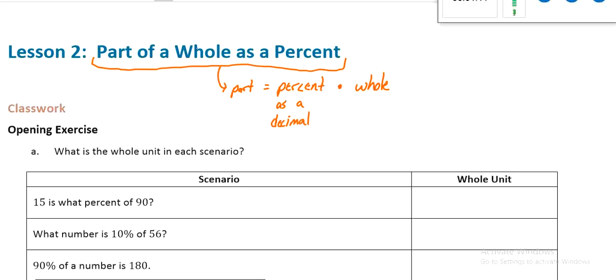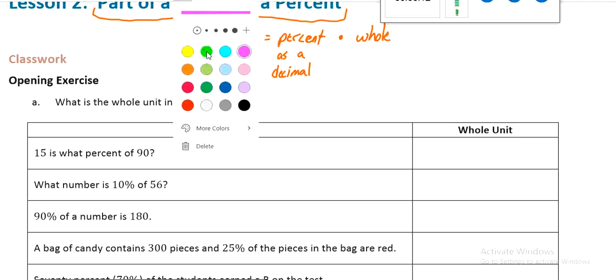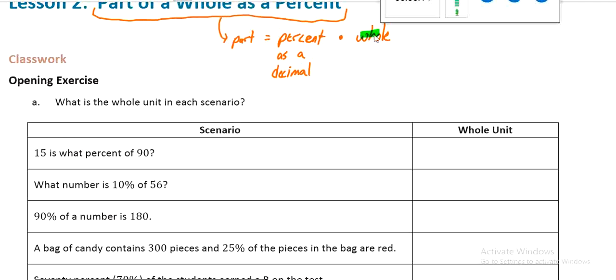All right, so going on with this, let's look at the opening exercise. It says, what is the whole unit in each scenario? So in this one, we're not actually going to be answering the questions they give us. Like, we're not actually going to find out what percent 15 is of 90. We're just identifying the whole unit. So the whole unit, I'll go ahead, I'll put that in green here.